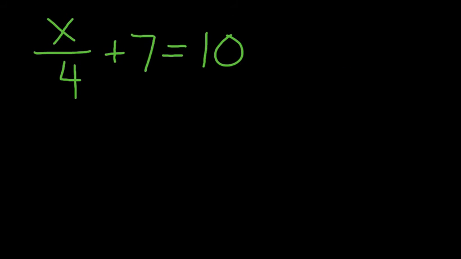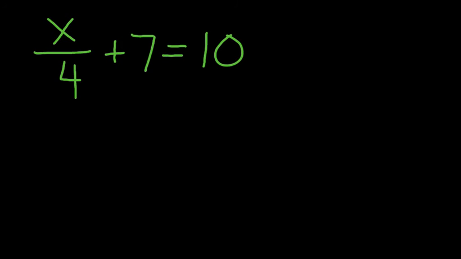Okay, here's another combination. This is the first time we've had one that looked like this. Okay, that's okay. It's still a combination. We're always going to take care of the plus or minus thing first. The adding or subtracting is always going to happen first.